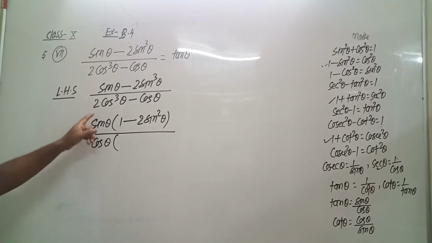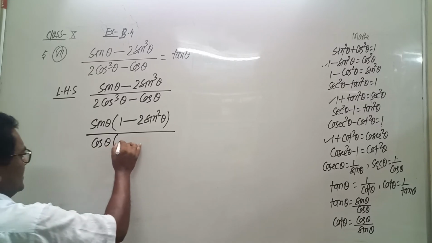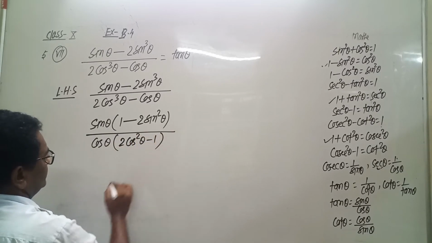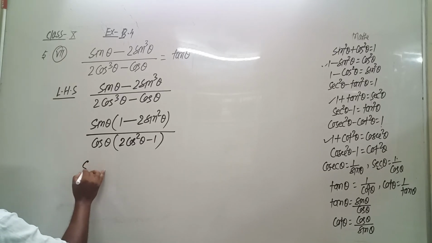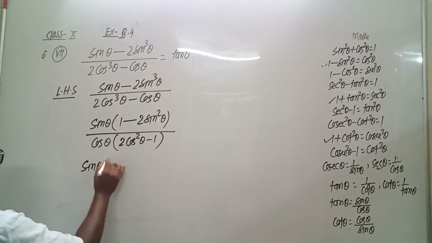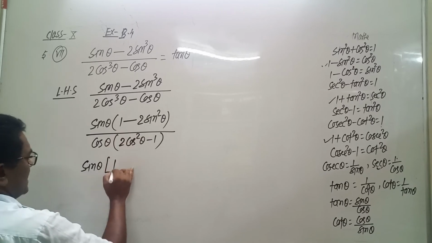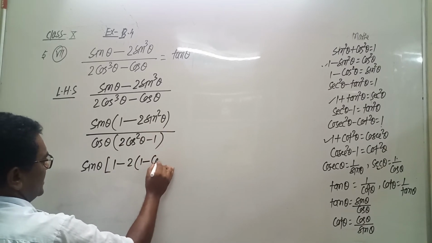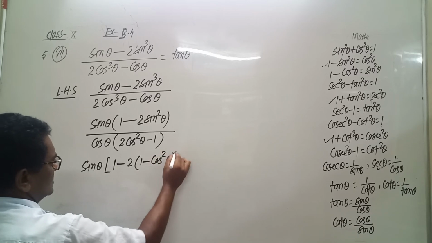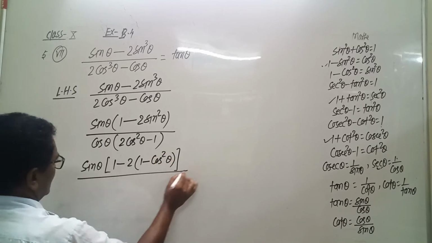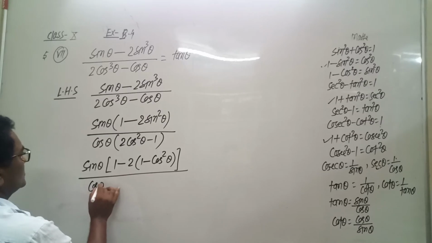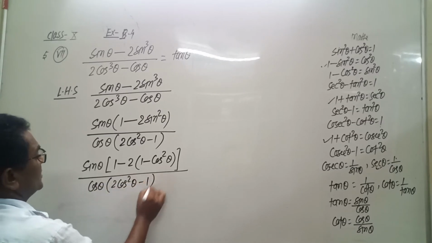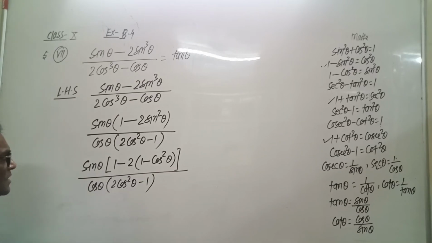Then we get 2 cos square theta minus 1. Now sin theta, 1 minus 2, and this sin square theta is written as 1 minus cos square theta, upon cos theta and 2 cos square theta minus 1.